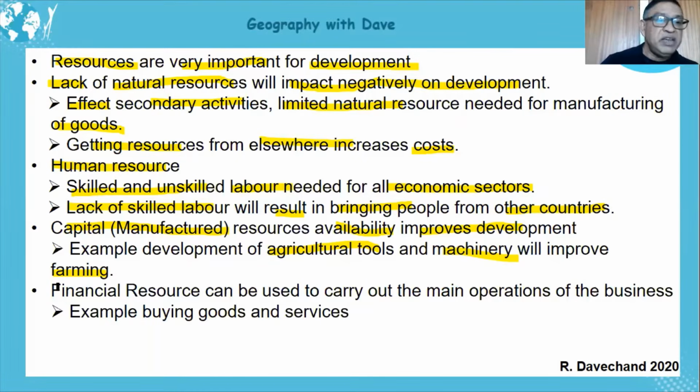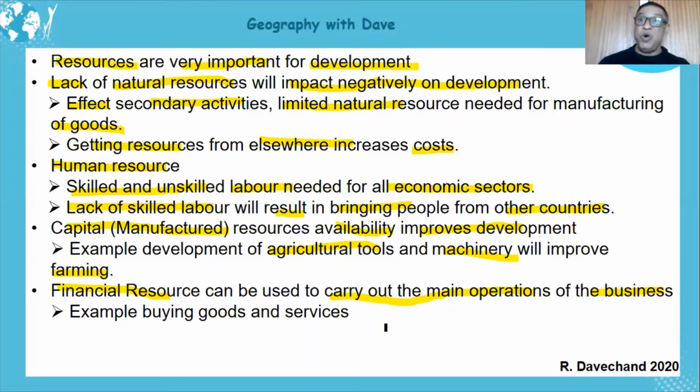All right. Then your financial resource. Money makes the world go round, that old saying, eh? It can be used to carry out main operations of the business. Okay. If you don't have money, unfortunately, it's a tough world out there. So you need money to buy equipment, to invest, to build infrastructure.